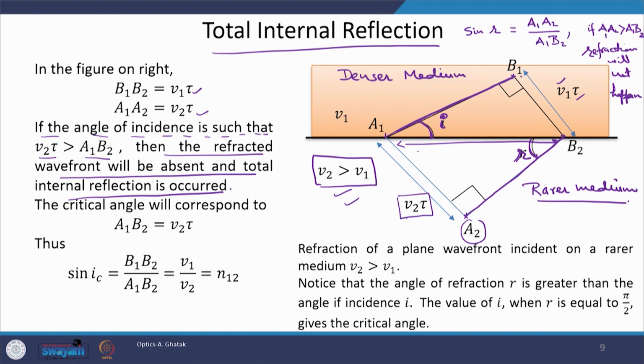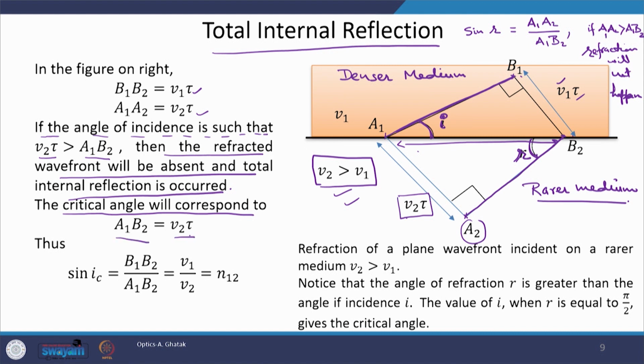Now, the critical angle will occur when A1 A2 is equal to A1 B2. That is the maximum allowed value of A1 A2; it becomes equal to A1 B2. And in this case A1 B2 is equal to V2 tau.